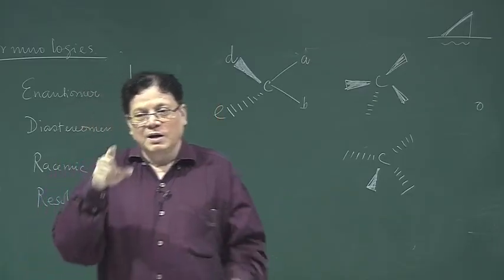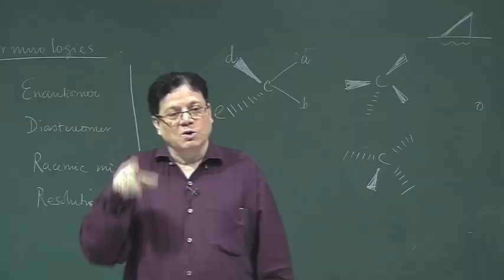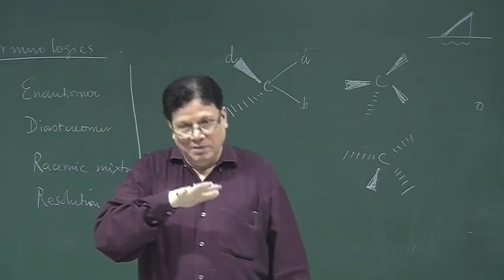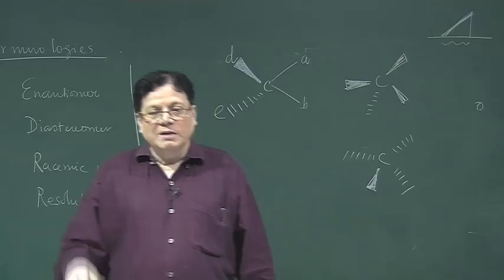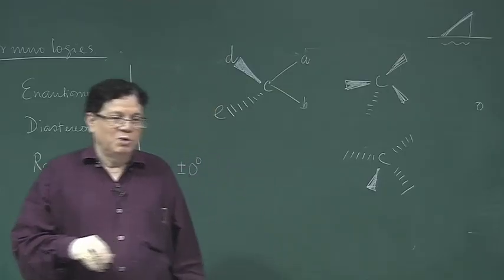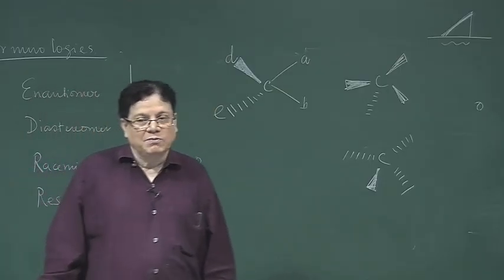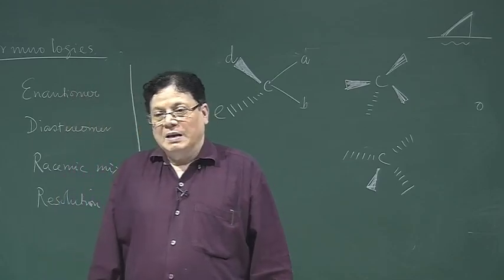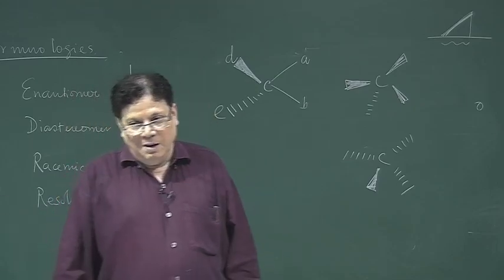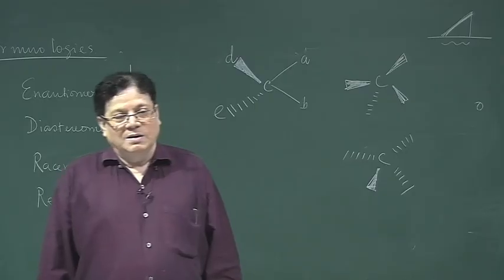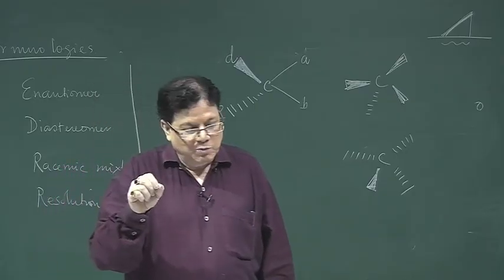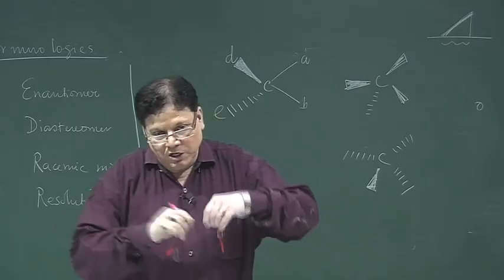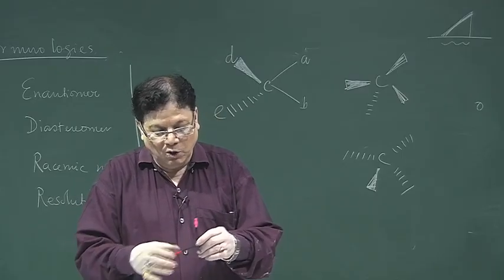What we draw is the projection obtained by drawing all those perpendiculars to the reference plane. There are 3 kinds of projection formula. The most common is the Fischer projection formula, and the others are the Newman projection formula and Sawhorse.